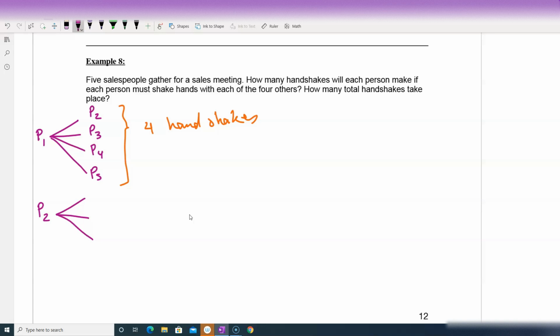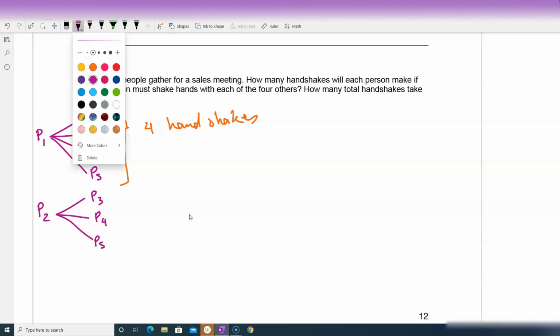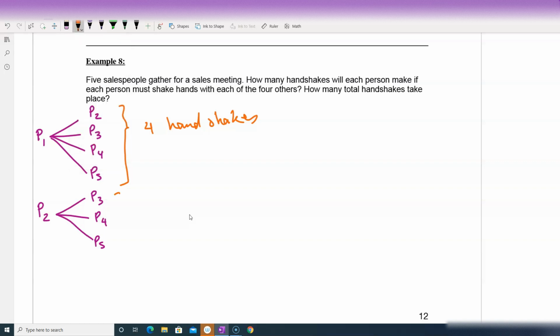The only handshake he had was with P1. You're not repeating it. The handshakes with P3, P4, P5, and here how many we have is 3 handshakes.